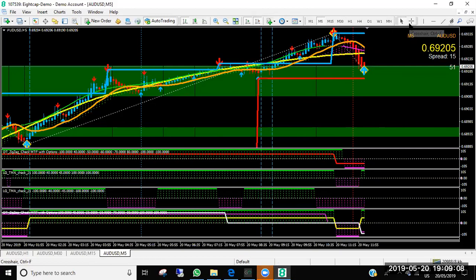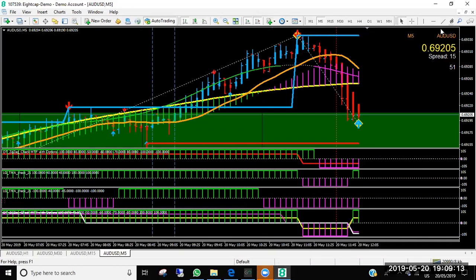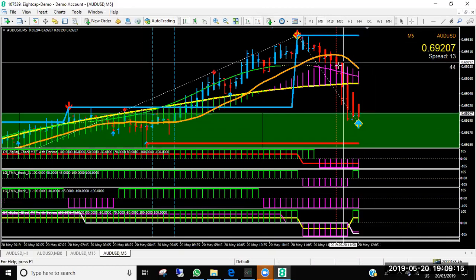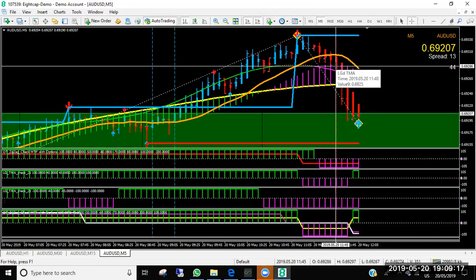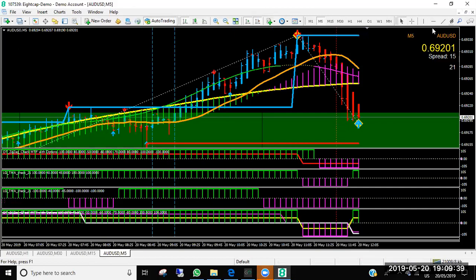Oz US is a 10 pip default stop loss or channel. Especially marked candle, 10 pips up is way beyond the channel line. So our default will be the stop level that we'll use for trade management. That means we expect it to go at least 141, which is 10 pips, which is roughly about where it is now, yeah.